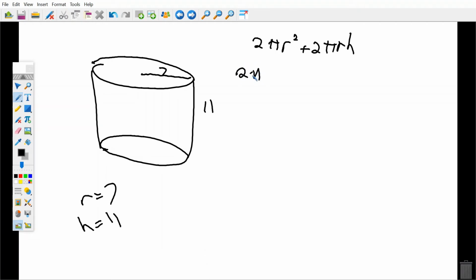So it should be 2 pi 7 squared plus 2 pi 7 times 11.